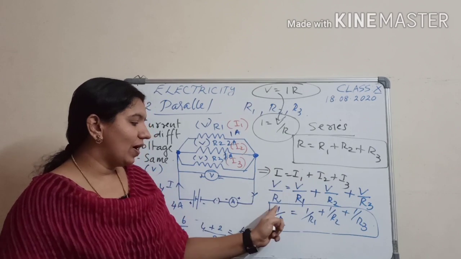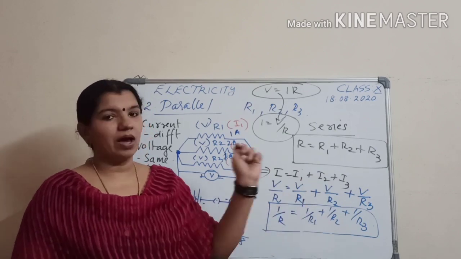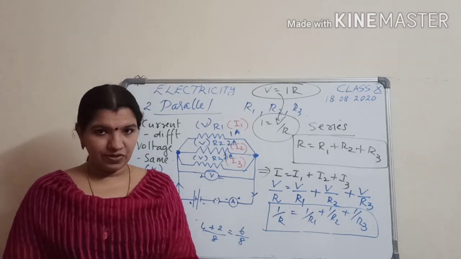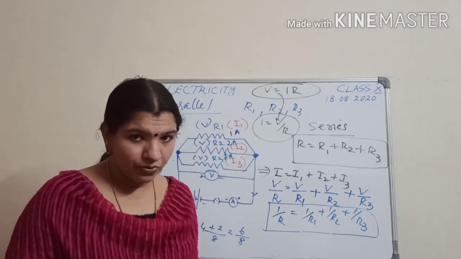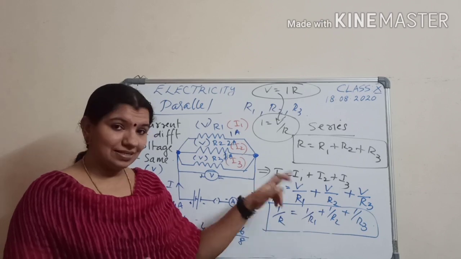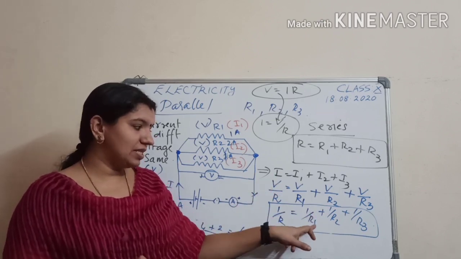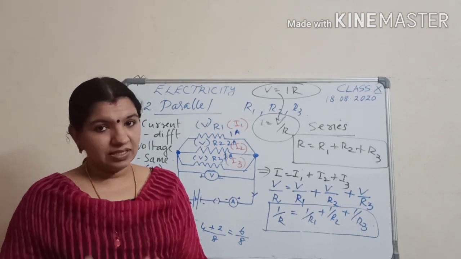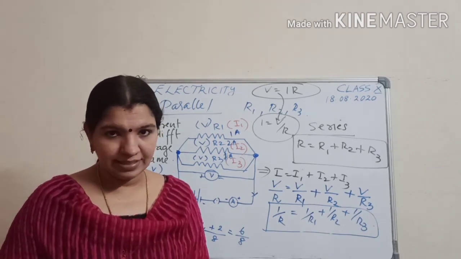V gets cancelled and 1 by R equal to 1 by R1 plus 1 by R2 plus 1 by R3. So this is the reciprocal of effective resistance, isn't it? Reciprocal of effective resistance is equal to the sum of the reciprocals of individual resistances.